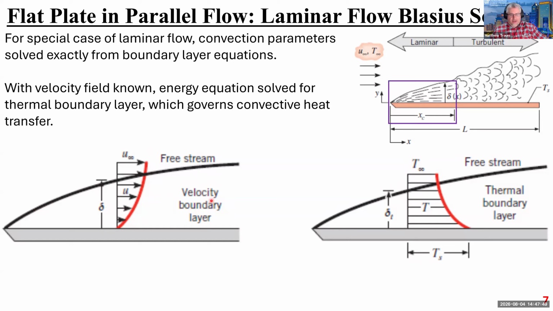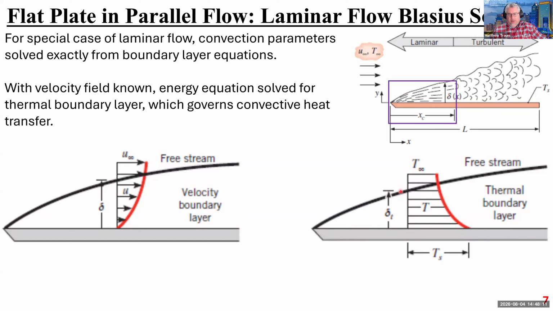In parallel to the velocity boundary layer, there's also a thermal boundary layer for plates that are heated, like this one that we've been talking about. So the definition is the same, right? This is the distance away from the plate, characterized as delta sub T. And again, it grows as you travel down the plate.